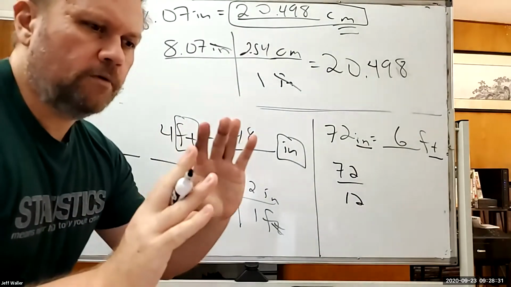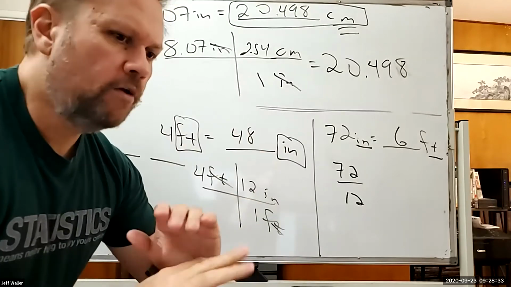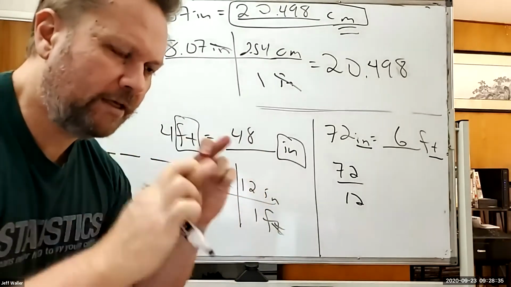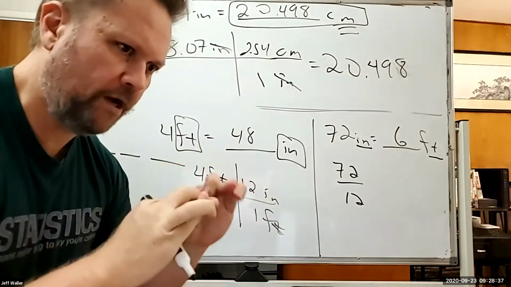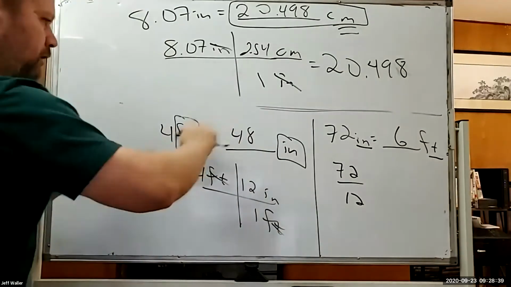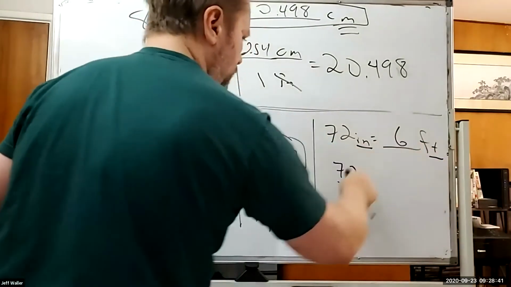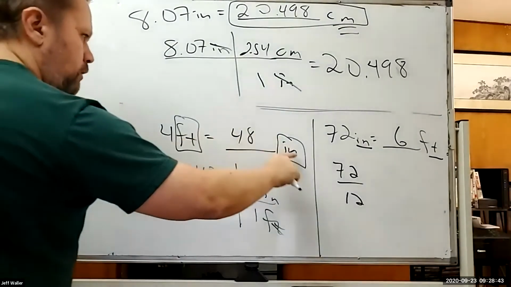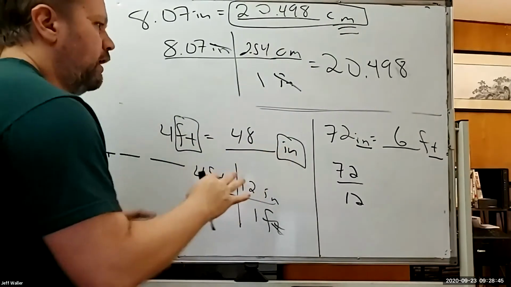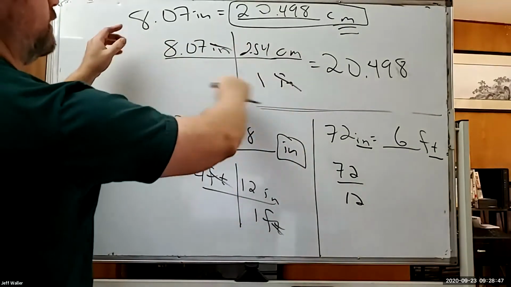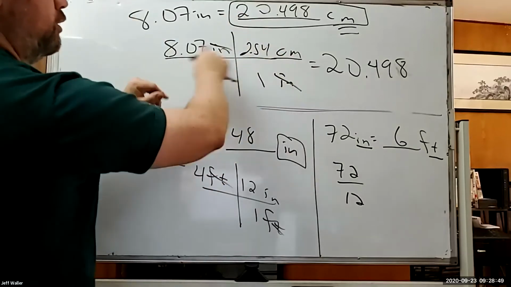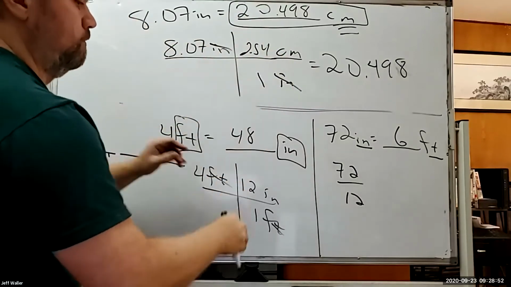Do you have to understand or use what I just said ever? No, but it's useful just to keep yourself on the right track. Smaller unit to bigger unit, divide; bigger unit to smaller unit, multiply. Do you have to memorize that? No, because this process does that for you. It tells you when to multiply and when to divide.